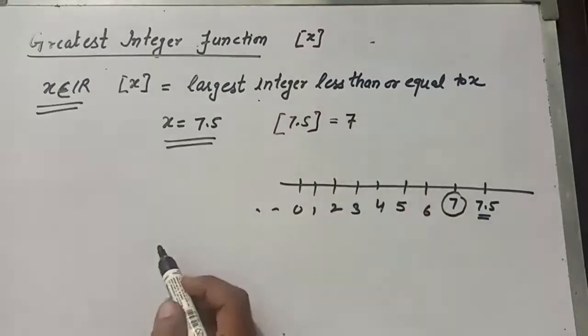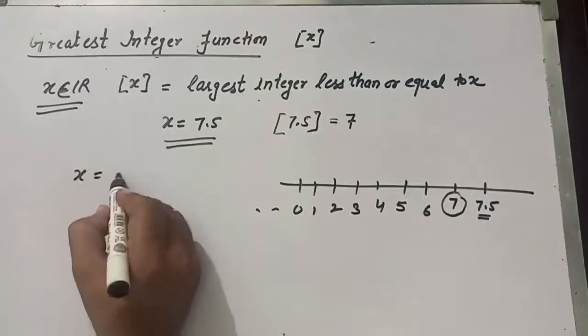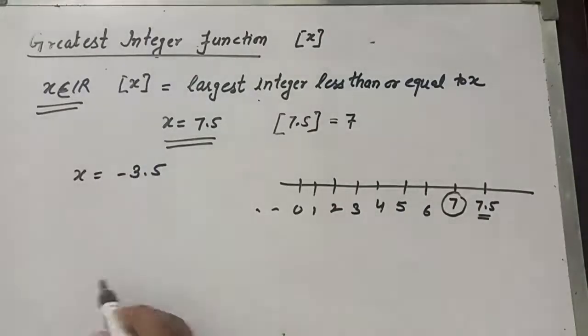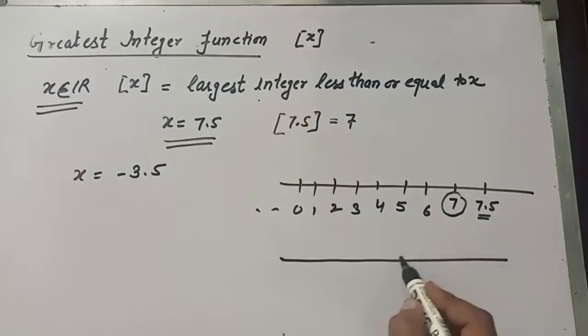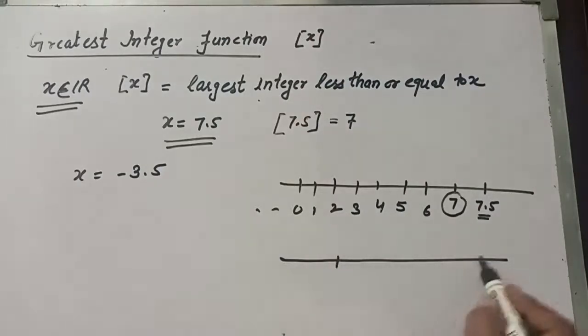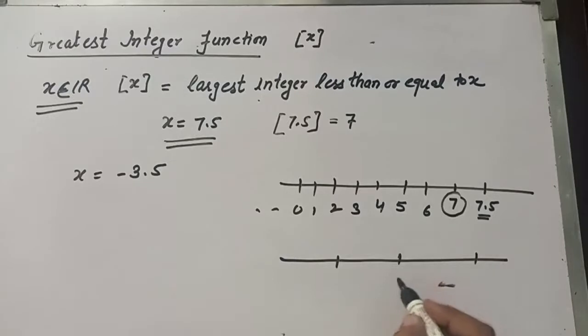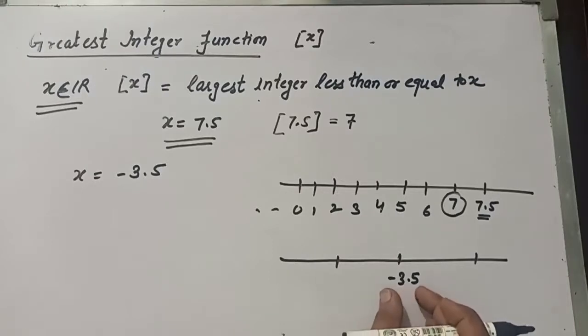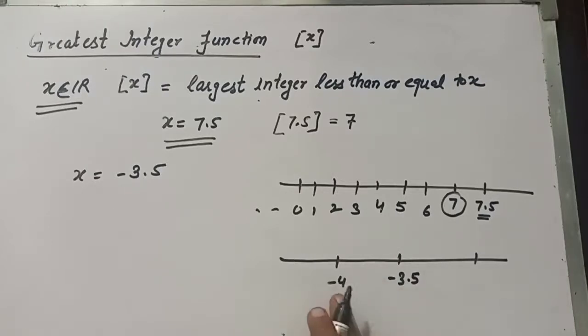Now suppose x is minus 3.5. Again mark minus 3.5, and mark every integer less than or equal to it.